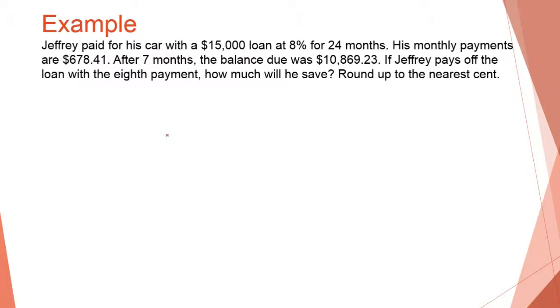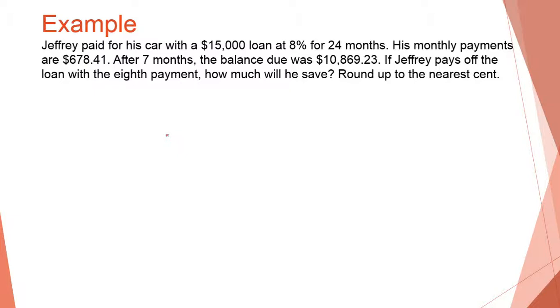So here's an example. Jeffrey paid for his car with a $15,000 loan at 8% for 24 months. His monthly payments are $678.41. After 7 months, the balance due was $10,869.23.